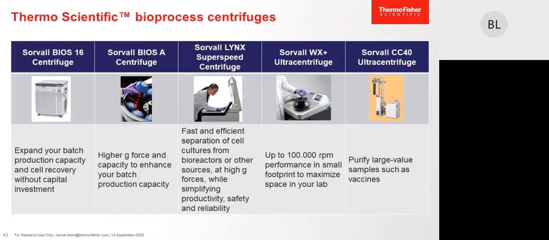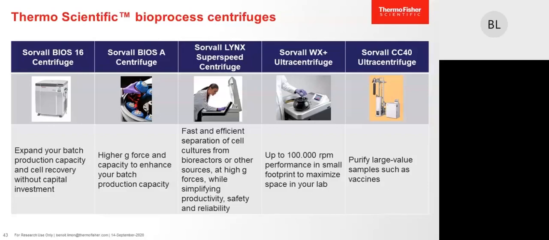The Sorvall WX Ultra Centrifuge is up to 100,000 RPM. This is to separate nano-sized particles in small footprints, mainly in the R&D work.